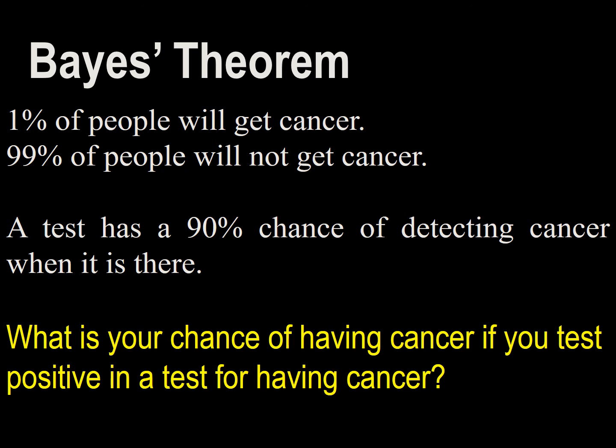There's a test that has a 90% chance of detecting cancer when it is there. Now, here's the question. What is your chance of having cancer if you test positive in that test for having cancer? Recall that the test has a 90% chance of detecting cancer when it is there.